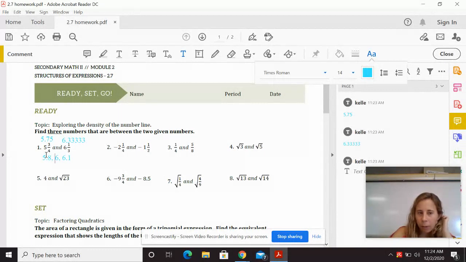There are multiple things you could write here. 5.76 is between this and this. 6.32 is between these. Okay, there are lots of options.